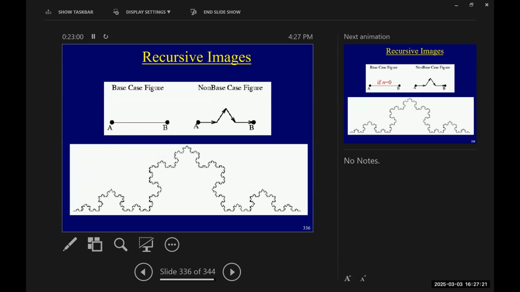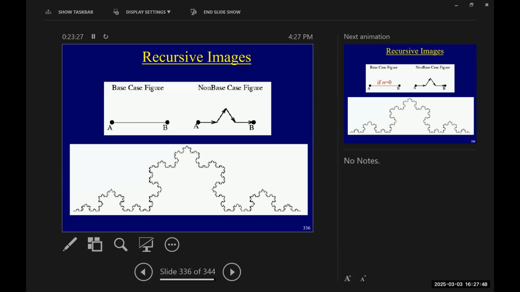This one, you probably have seen, I don't know. I certainly saw it as a kid, right? So what is it? The base case is just the line. And the recursion has no picture. It just takes the n minus 1 picture, shrinks it by a factor of a third, and then draws 4 of them, right?